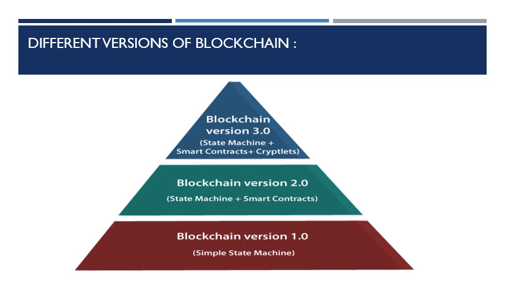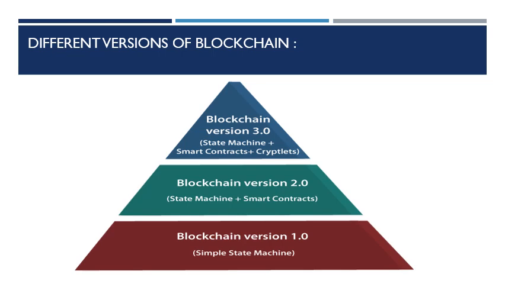Blockchain 2.0 is called smart contract. The new version of blockchain came because there was a problem in version 1.0, which was mining of Bitcoin. The next version of blockchain is blockchain 3.0, that is DApp.